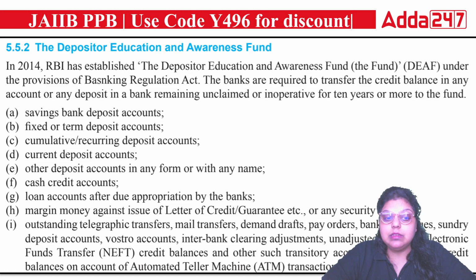Then we have margin money against issue of letter of credit or guarantee, outstanding telegraphic transfer, mail transfer, demand draft, pay order, banker's cheque, sundry deposit account, vostro account, interbank clearing adjustment, unadjusted national electronic fund transfer, credit balance, and other such transitory accounts, unreconciled credit balance on account of automated teller machine transactions.